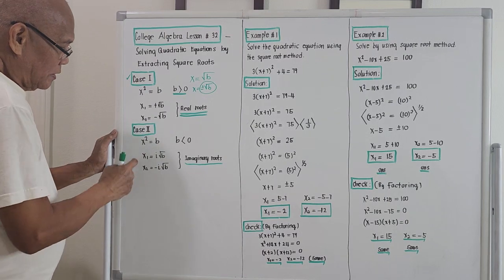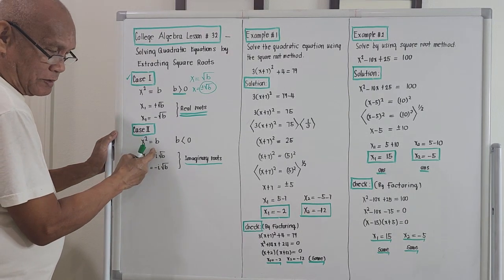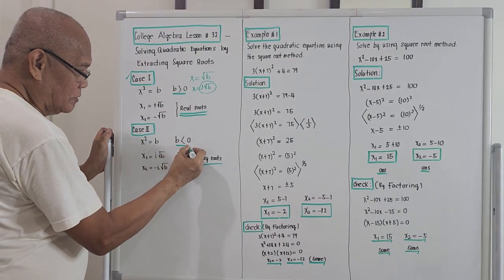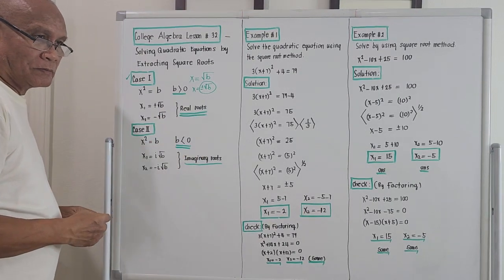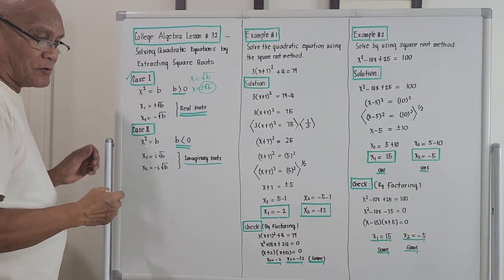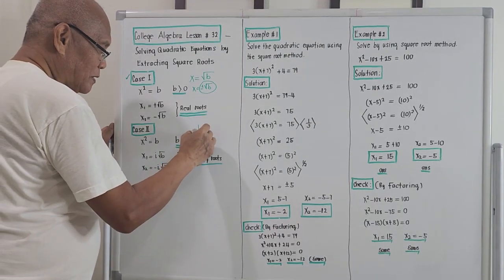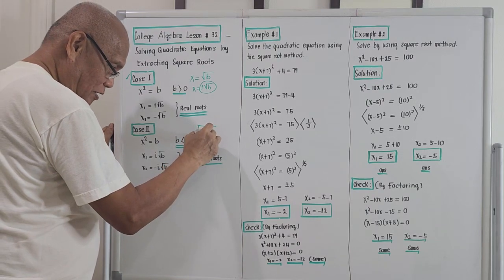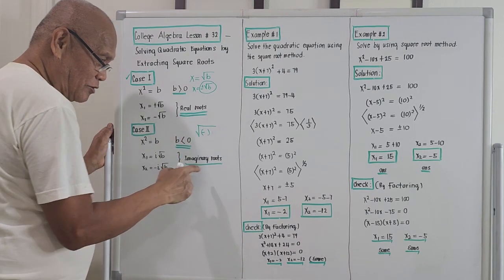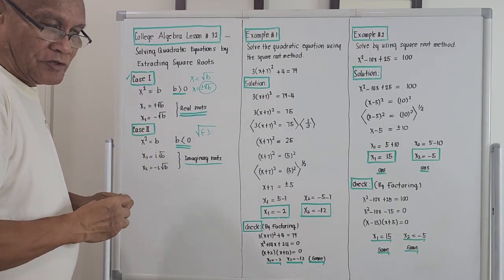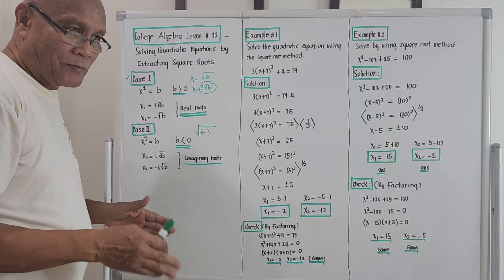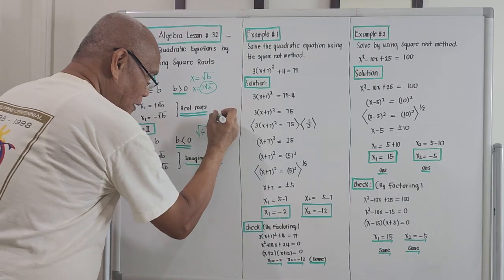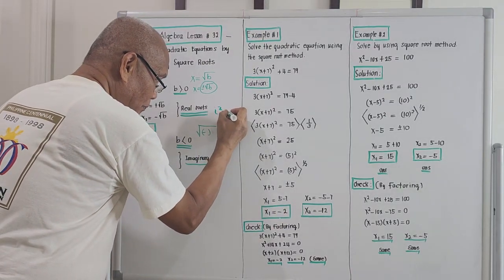Case number 2. If we are still given x squared equal to b, but the value of b is less than 0, there will be a problem. If the value of b is less than 0, meaning the radicand will have a negative sign inside, it's impossible to take the square root of a number with a negative sign without introducing the value i squared equal to minus 1.